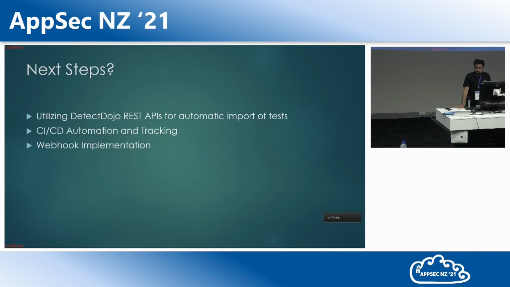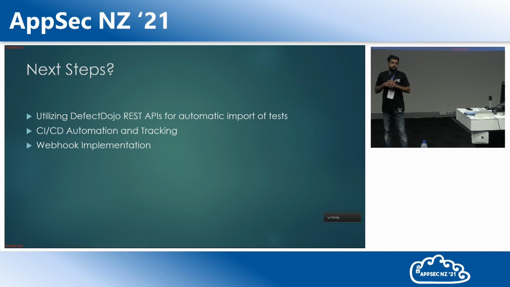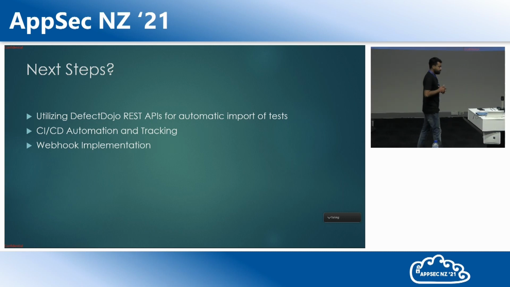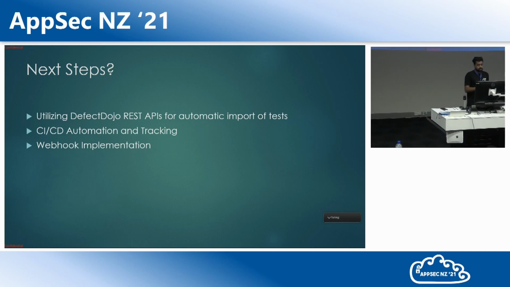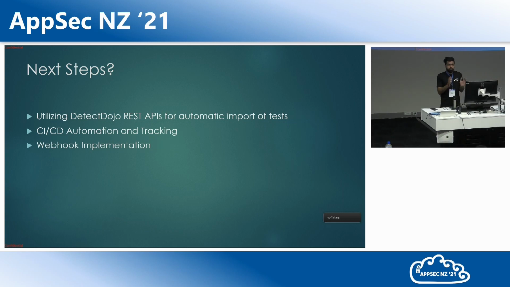The next steps. We are planning and working towards utilizing DefectDojo REST APIs to automatically import all these reports from several vulnerability assessment tools. You have an extension for tools like Burp, and import all these vulnerabilities automatically into DefectDojo.